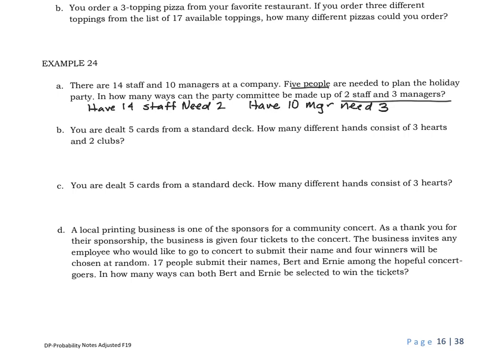We just have committees here. So I have 14 choices for the staff of size 2, and I have 10 choices of the managers, and the size would be 3. So 14C2 times 10C3 yields 10,920 ways that can happen.